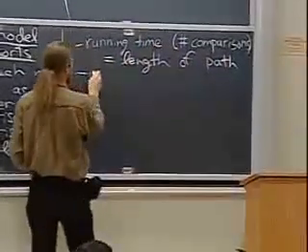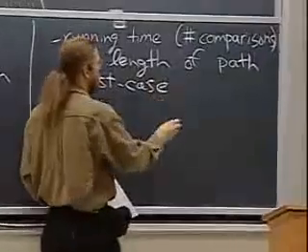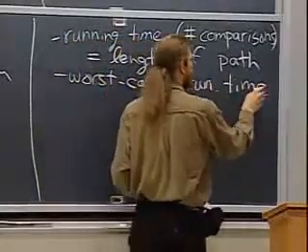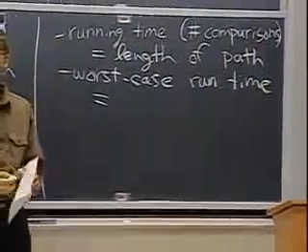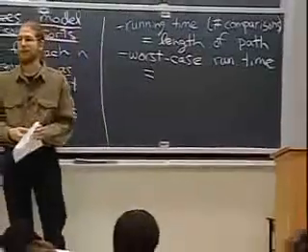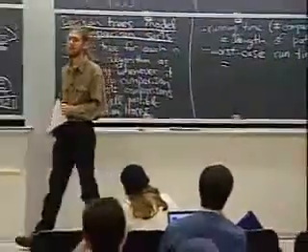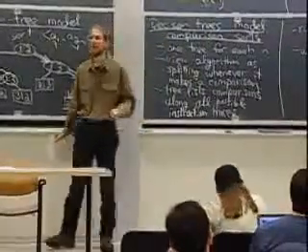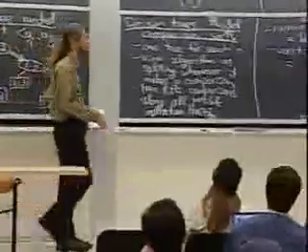And therefore, the worst-case running time over all possible inputs of length n is going to be, as a function of the decision tree, the longest path, which is called the height of the tree.